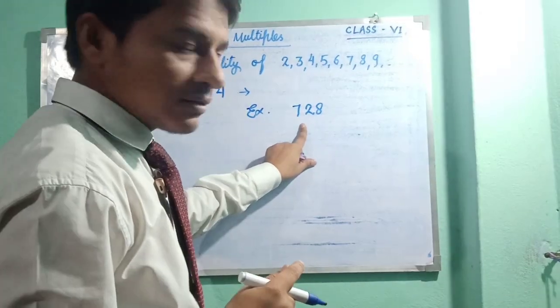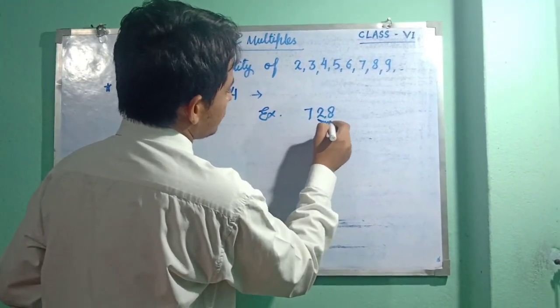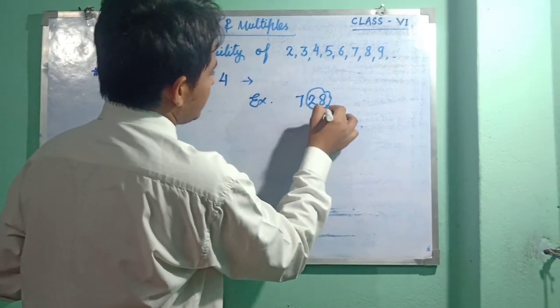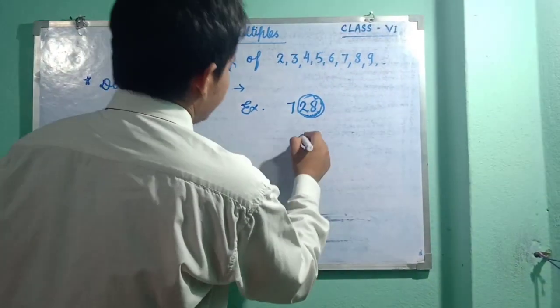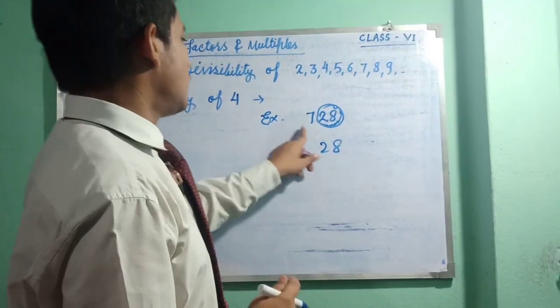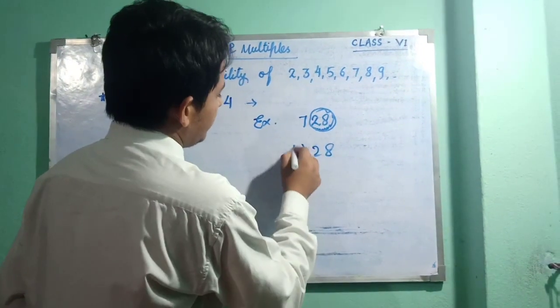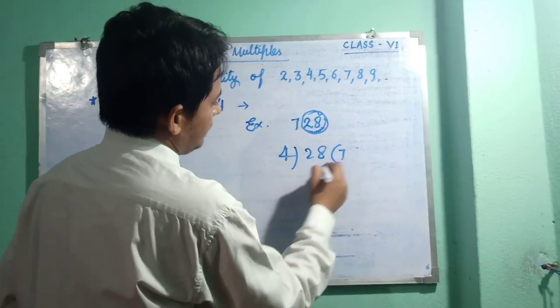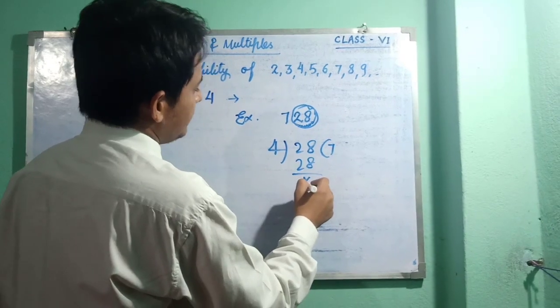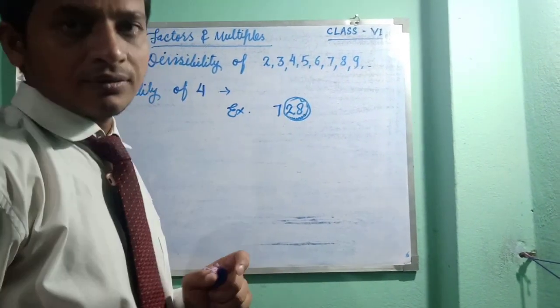In order to check, see the number formed by the last 2 digits. Here the last 2 digits are 28. Is 28 divisible by 4? If yes, then the whole number will be divisible by 4. Now divide by 4: 4 times 7 is 28. Yes.